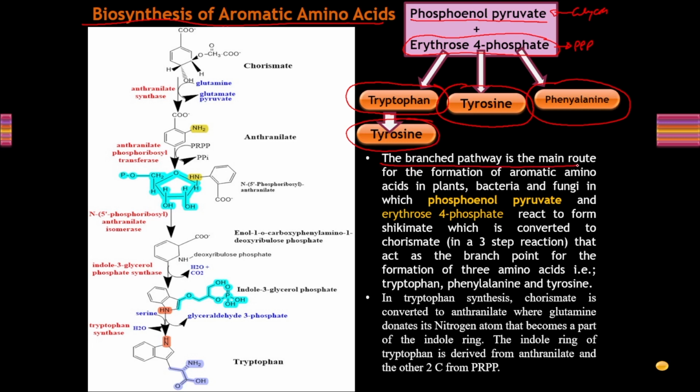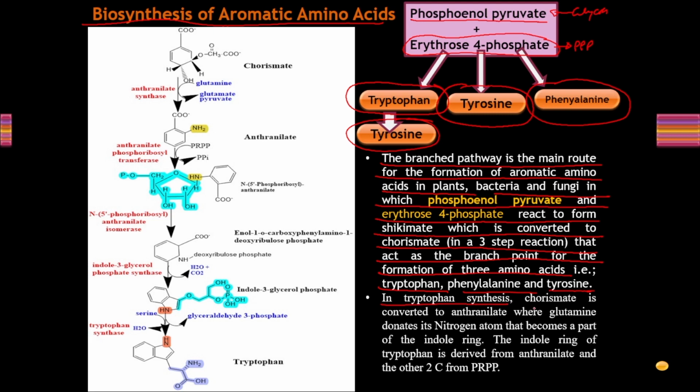The branch pathway is the main route for the formation of aromatic amino acids in plants, bacteria, and fungi, in which the phosphoenol pyruvate and the erythrose phosphate react to form the shikimate, which is converted into the chorismate, and that acts as a branch point for the formation of three amino acids, that is tryptophan, phenylalanine, and tyrosine.